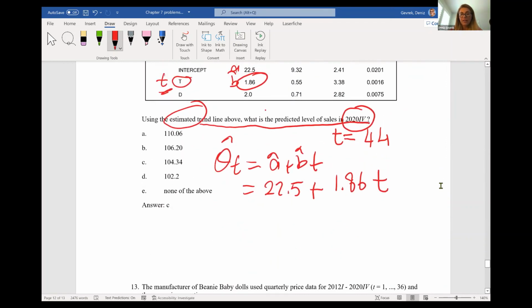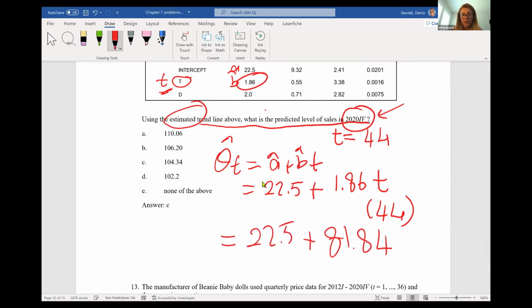I know that the fourth quarter of 2020 is 44. So I'm going to grab my calculator and plug in that value, 44 times 1.86. This is 81.84 plus 22.5, and you're going to get 104.34.